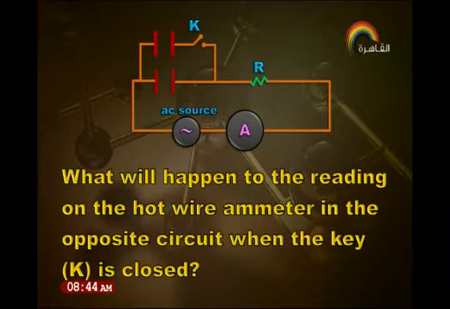What will happen to the reading on the hot wire ammeter in the opposite circuit when the key is closed? We are connecting the second capacitor, and they are connected in parallel. So the capacitance will be increased, and when the capacitance increases, the capacitive reactance decreases.